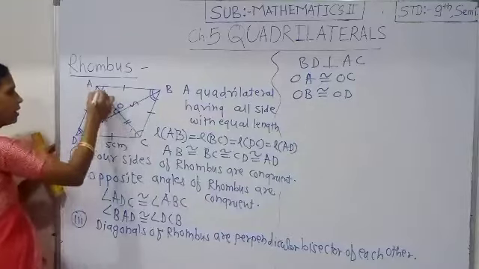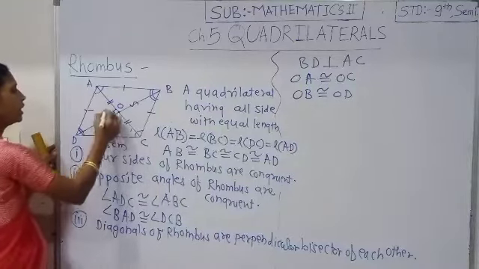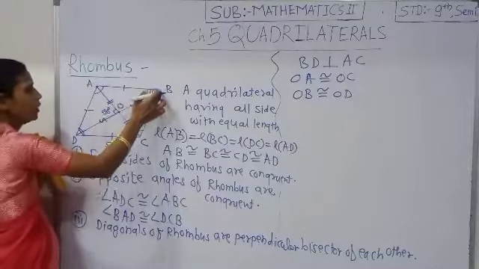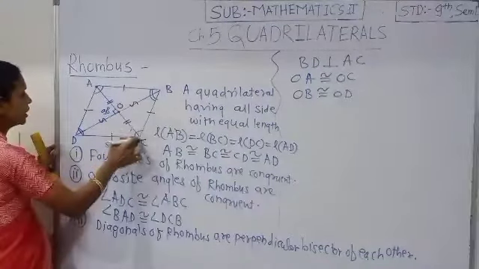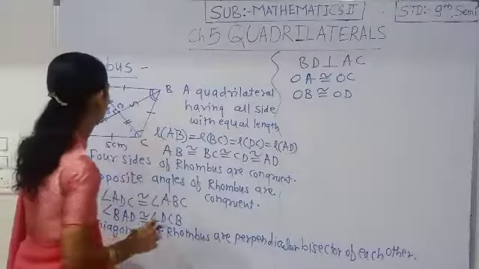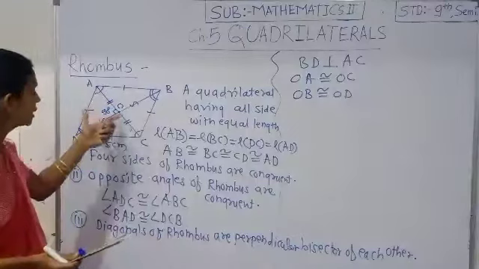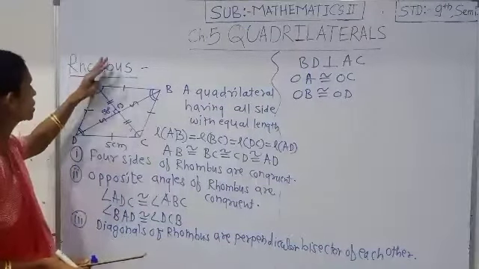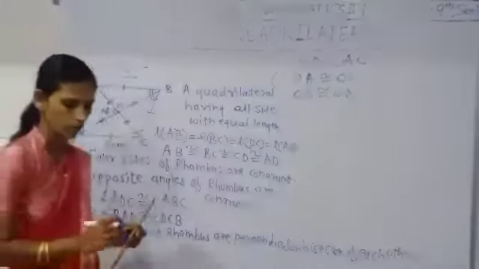Angle AOD is 90 degrees, as well as angle AOB, angle BOC and angle DOC. That is about a few properties related to the rhombus.